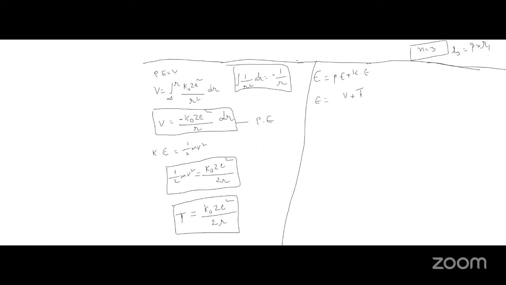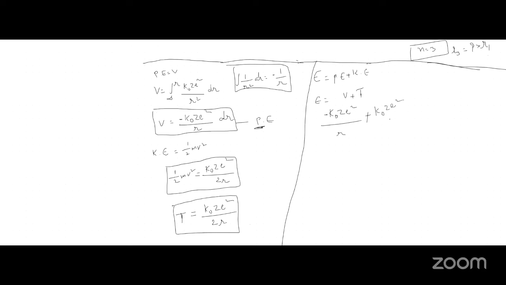V from the potential energy equation: minus K naught Z E square by R. Plus total energy, this one is kinetic energy T. What did we get? K naught Z E square by 2R.